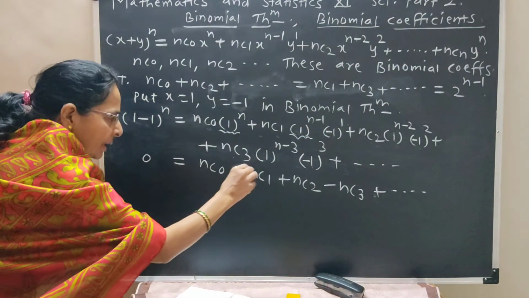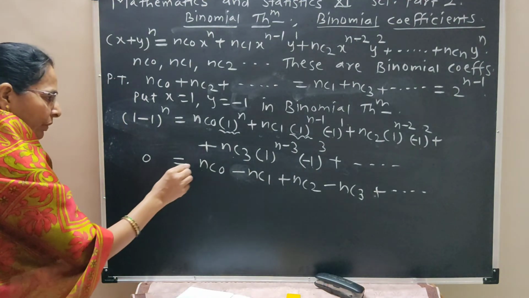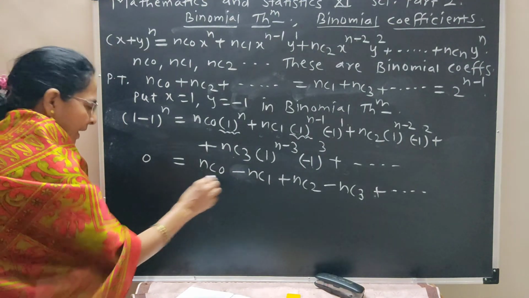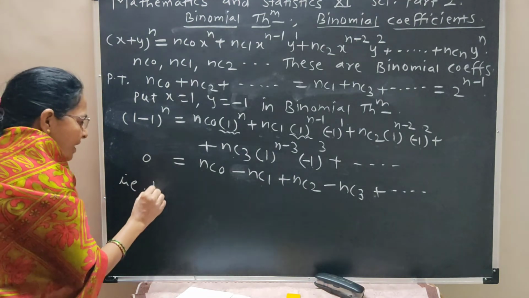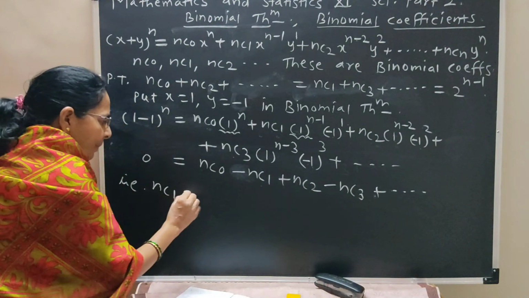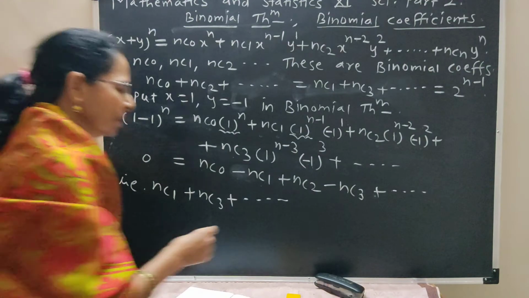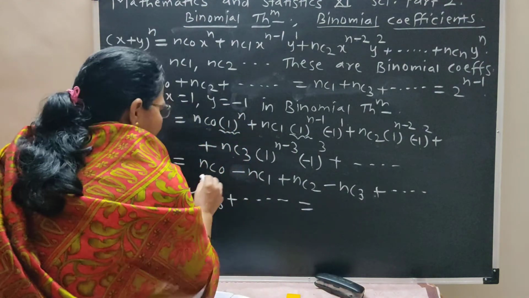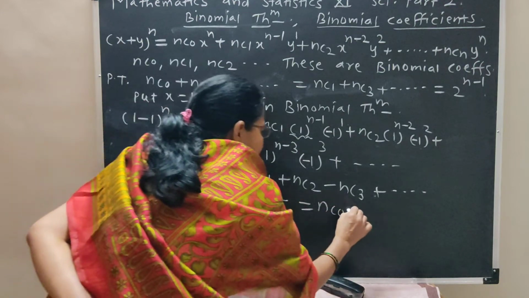Then minus terms take to this side, so that becomes plus: minus nC1 to this side, minus nC3 to this side. In this way, all the odd terms, nC1 plus nC3, are equal to nC0 plus nC2.